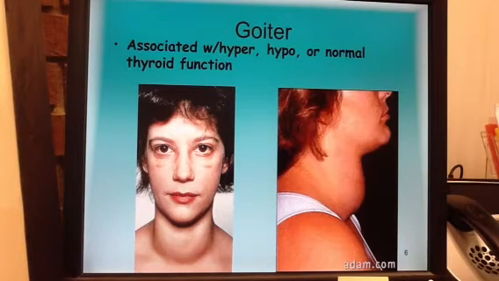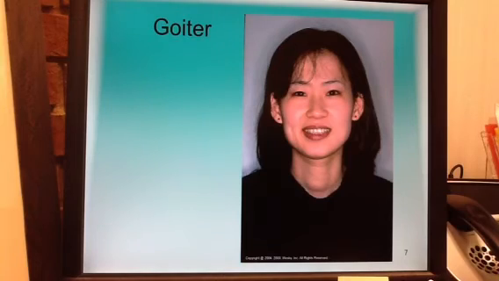A goiter can be associated with either hyper, hypo, or normal thyroid function. So without measuring the thyroid hormones, you really don't know, just because someone has a goiter, what their hormone situation is. So this lady, you can see the goiter. Here's another picture of a goiter. See the thickness here.